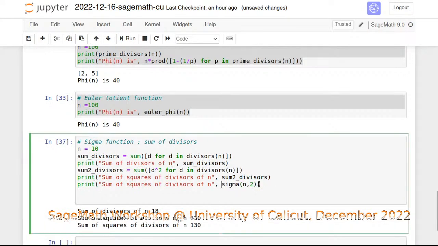So this is the function, sigma n power. Which power? In fact, this is nothing but sigma 2 of n in the number theory notation. So updating the Google document. Done.